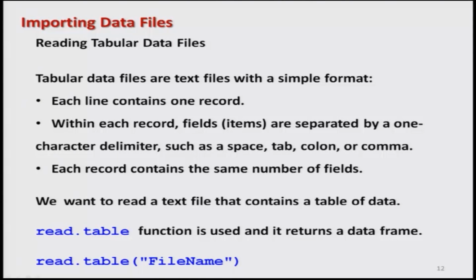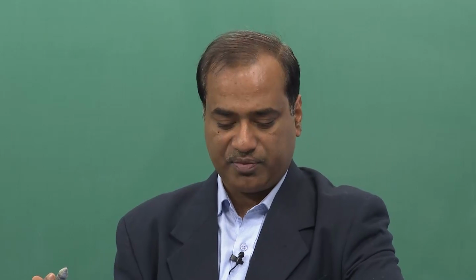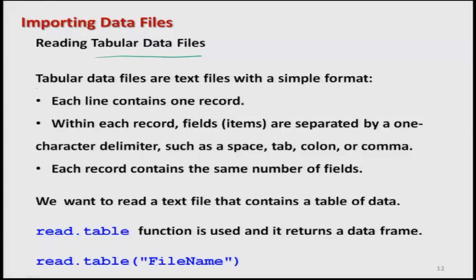Now the next option is how to read tabular data files. That means the data has been given in the form of a table in a very simple format. So this is essentially a text format. So now we are going to answer the next question, how to read the data in a text format. Whenever we use the words tabular data files, this means they are simply text files in which the data has been entered as text, and they have a very simple format.